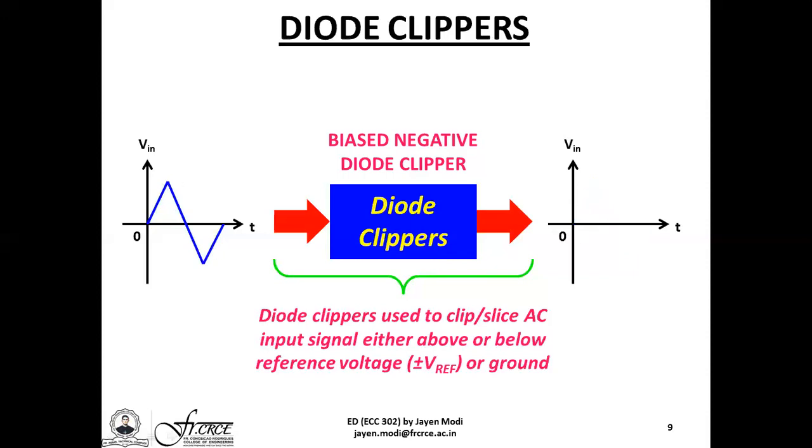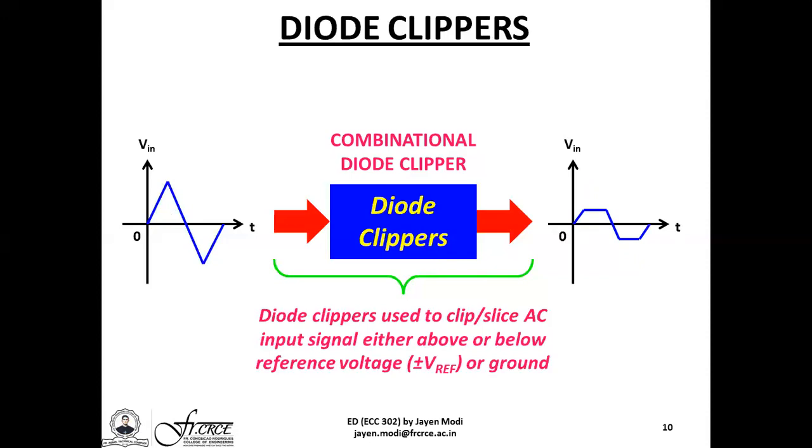This is where we have something called combinational diode clippers. These clipper circuits have the flexibility of clipping both the positive and the negative half cycle to a level which is decided completely by the circuit designer.